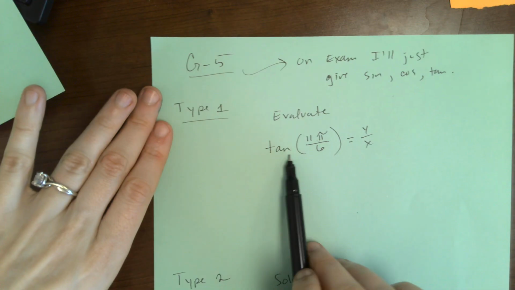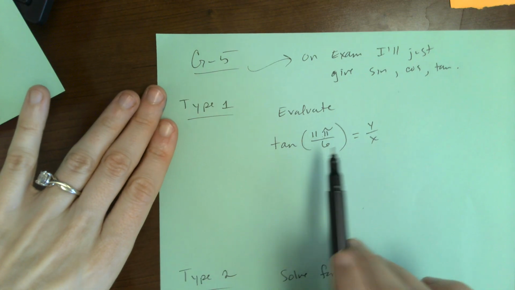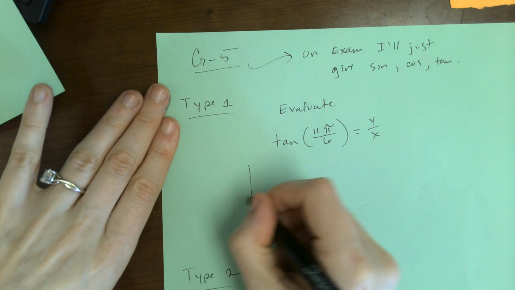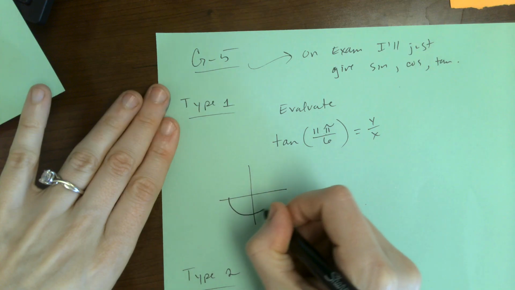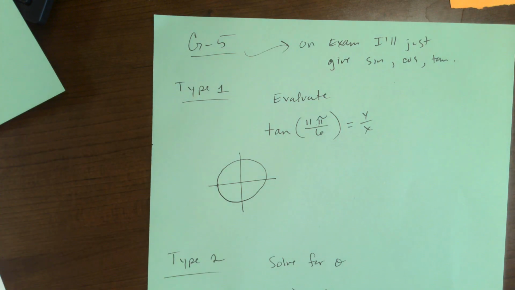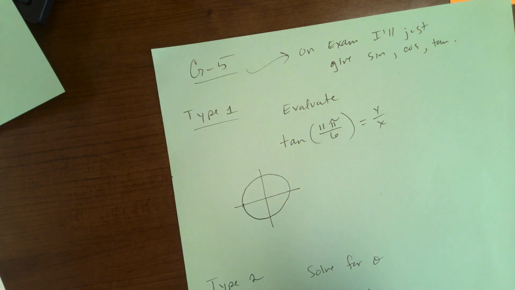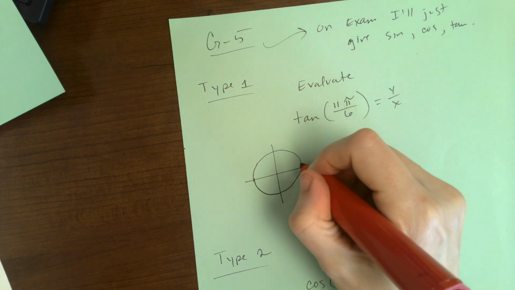And then you're going to have to know that I want the pi over 6 circle. Okay, so that's this one.